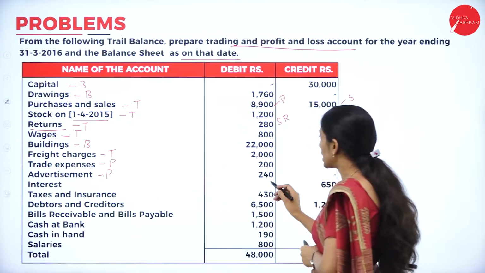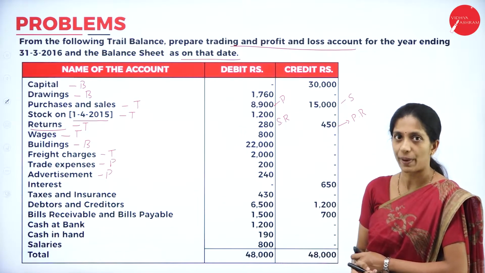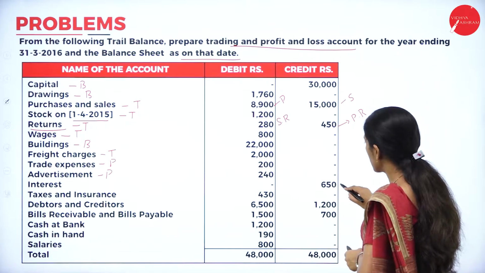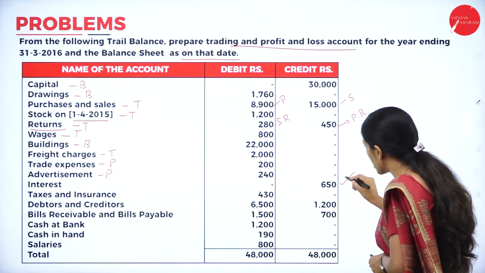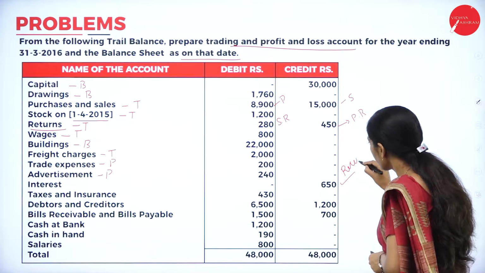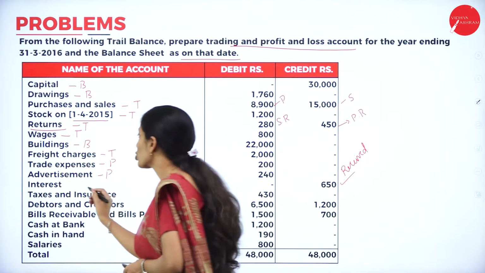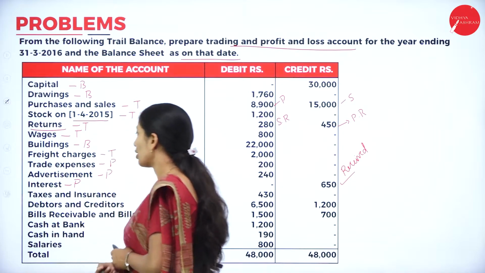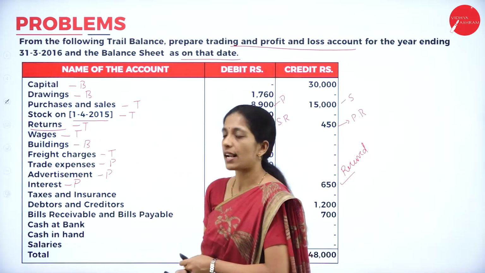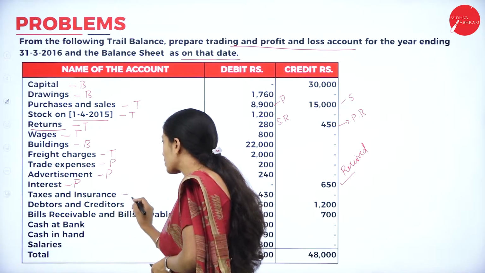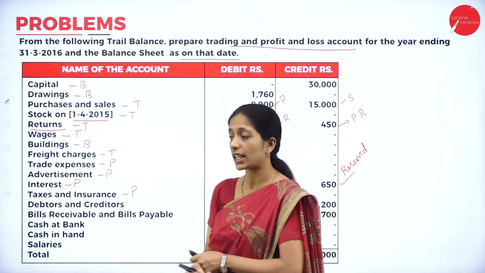Let us see whether it is interest received or interest paid. Here the amount is on the credit side, in the sense it has been received. So where do we record interest? We'll record it in the profit and loss account. Next, taxes and insurance, it is an indirect expense, we'll record it in the profit and loss account.